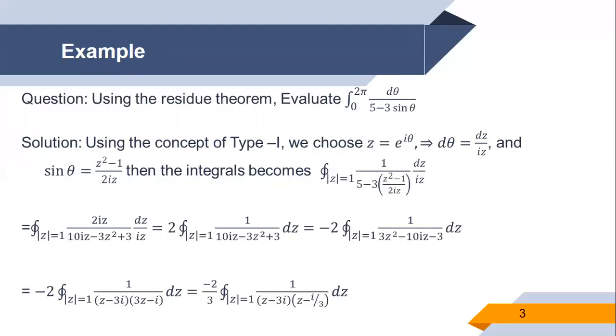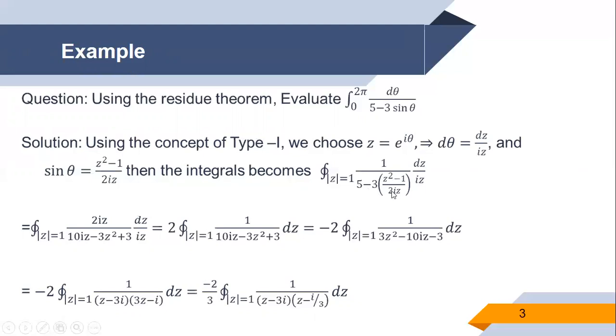Using all the substitutions, the given integration becomes integration over the curve C, mod of z equal to 1, of 1 upon 5 minus 3 sin theta, where sin theta is replaced with z square minus 1 upon 2iz, and d theta is replaced with dz upon iz. So this is the complex integration.